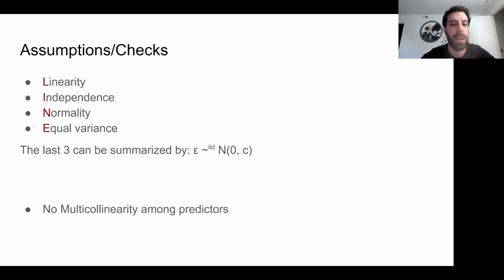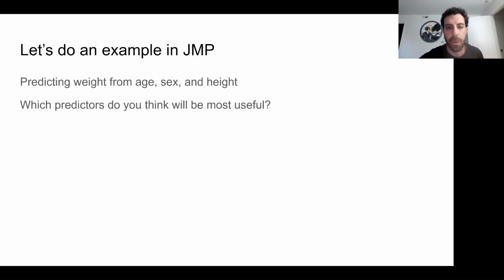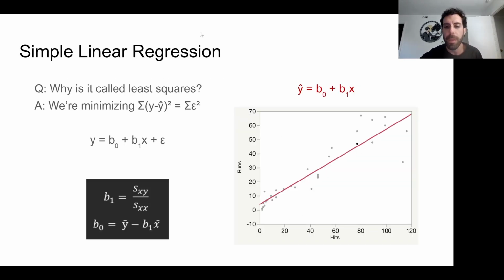The next is independence. This just means there's no pattern in the residuals, so the value of previous residuals doesn't affect the value of future residuals, right? They're all randomly drawn across the line. So if we go back to our regression model, it's not like here we have a higher than we've seen previously residual, so the residuals continue to grow in value, right?